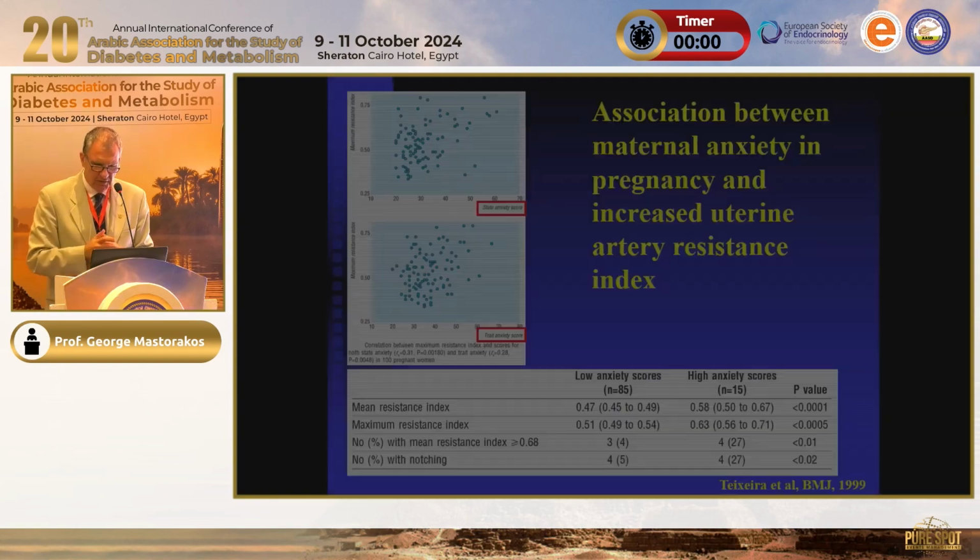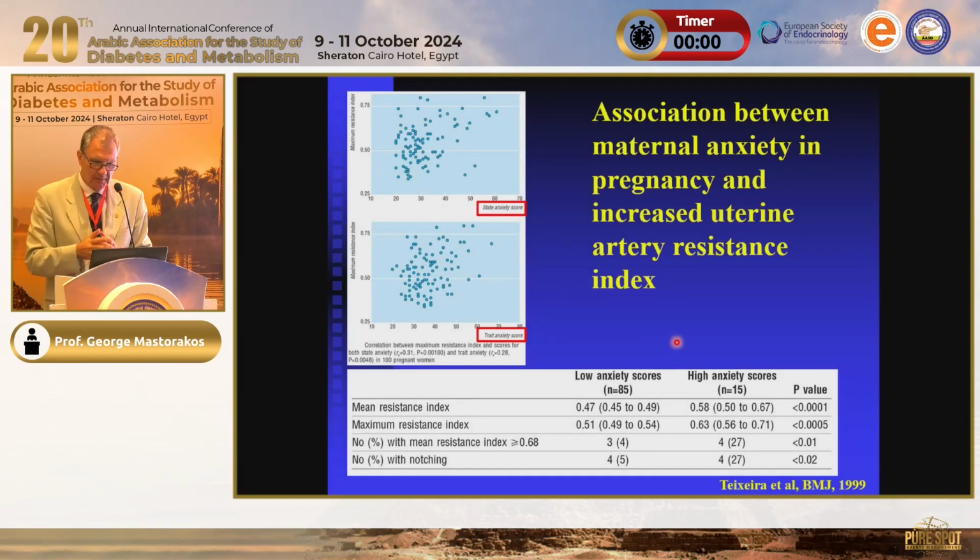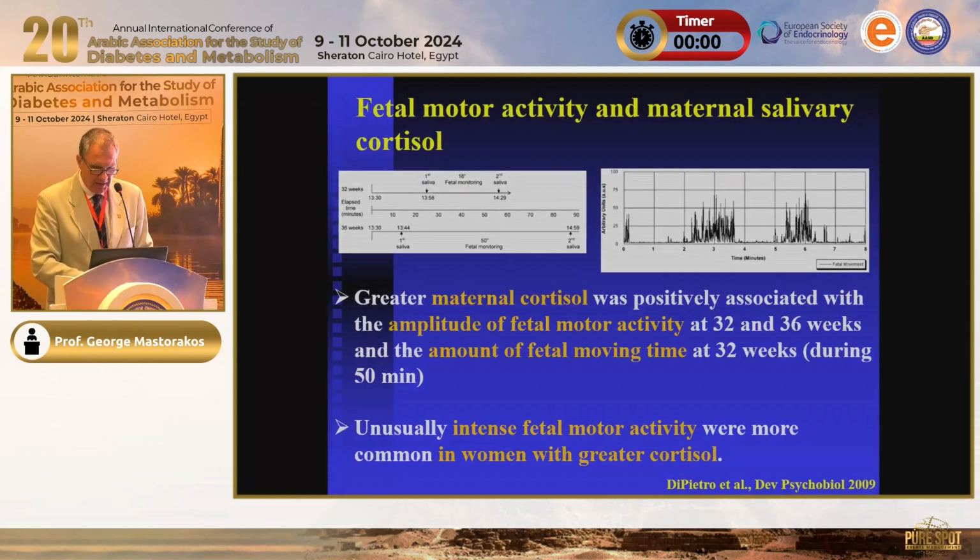So this was also shown by OBGYNs who found association between maternal anxiety in pregnancy and increased uterine artery resistance index, meaning that when the mother is getting anxious, adrenaline and catecholamines are produced, and these catecholamines drive decrease of uterine artery blood flow, which results in increase of the CRH, increase of cortisol, and the baby is getting more anxious.